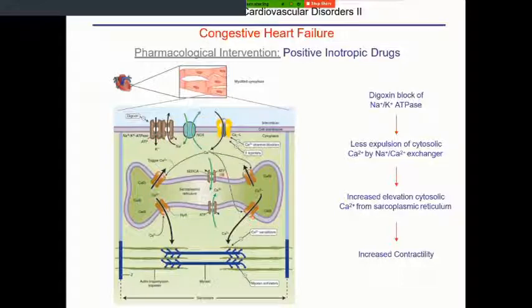This leads to increased cytosolic calcium from your sarcoplasmic reticulum, and as a result, increased contractility of the myofibers of the heart.